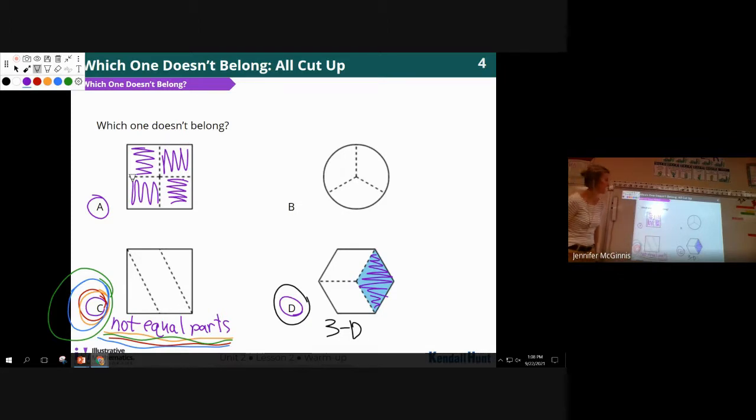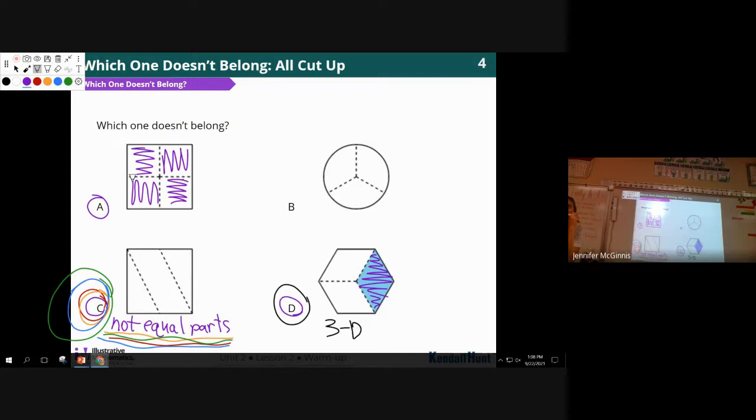Does B belong? Why does B not belong, Sophia? It's just another trick because it's a circle and the bottom's bigger, but they're more spaced out on the sides. Okay. Ashley?